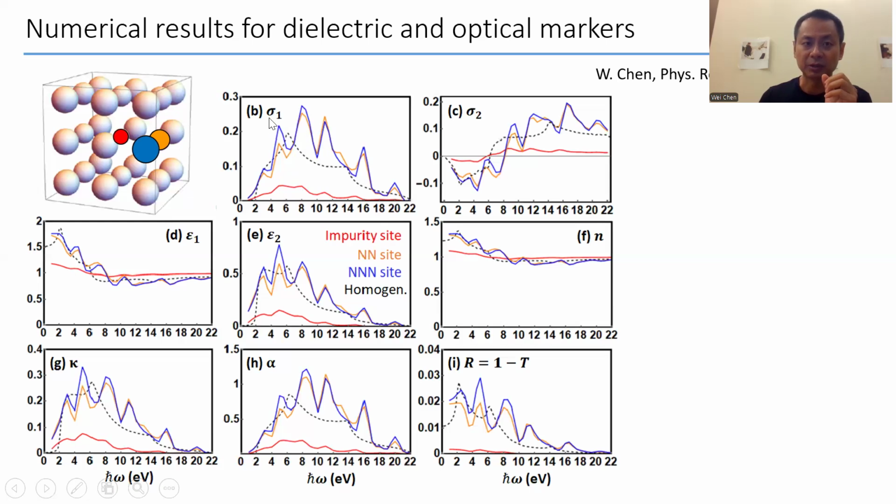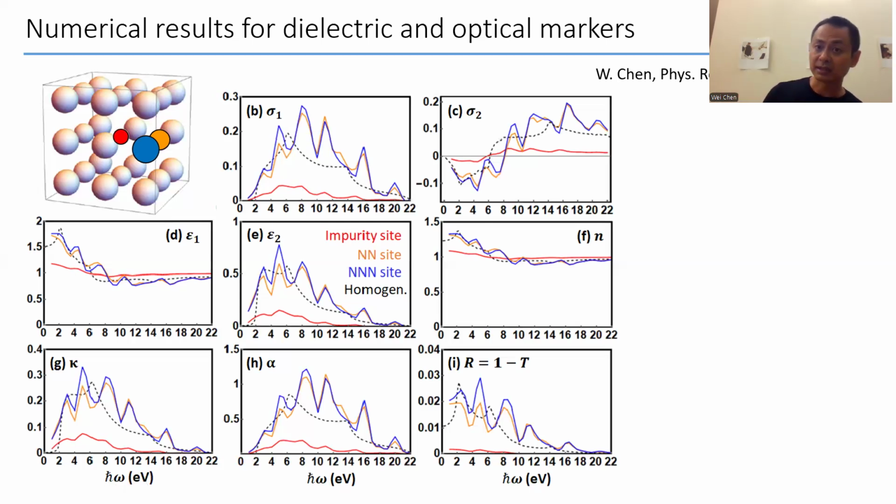For instance, for the real part of the optical conductivity, I study its frequency dependence in units of electron volts, on the impurity site, the nearest neighbor site, and the next nearest neighbor site, which are the red, orange and blue. You see that the optical conductivity on the impurity site, this red line here, is very much suppressed.